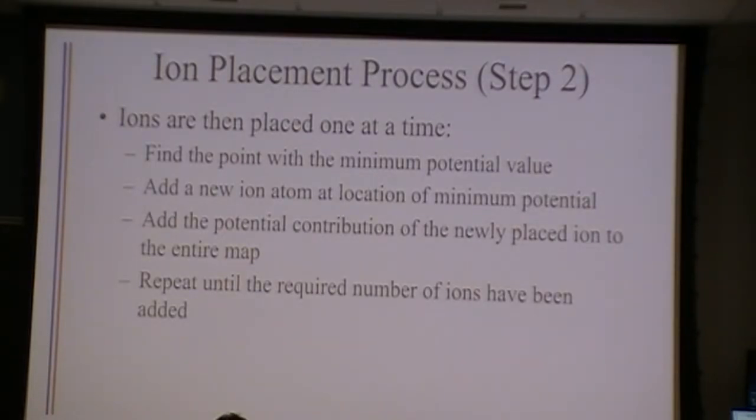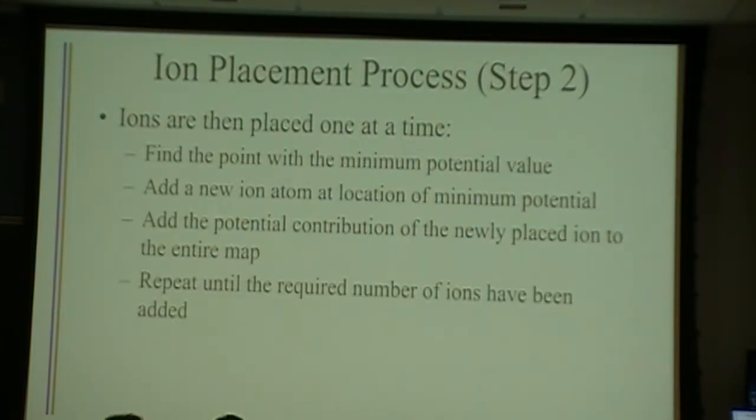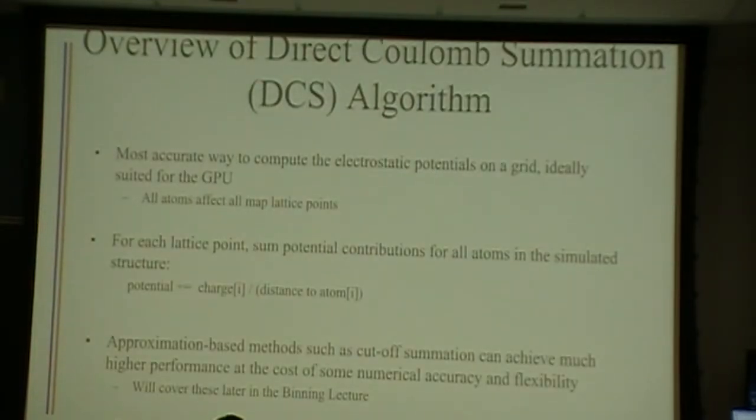And then there's this ion placement strategy to figure out where the ions go when they're interacting with the biological structures to model the biology in question. But that's not really the focus of what we're doing. Our focus is really on this part, in the scatter to gather ramifications.